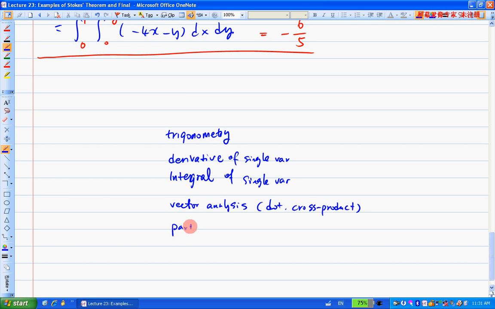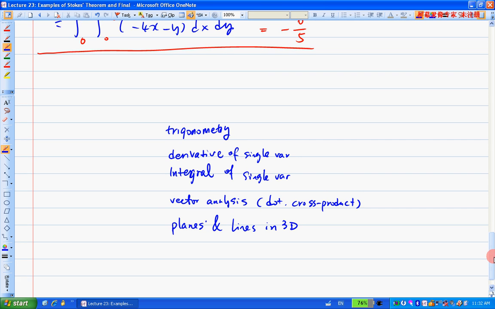Partial derivative. No, actually, before partial derivative, what did we have? Planes and lines in 3D. Each one of them is based on something else, but they're more or less still kind of at the bottom of the food chain there.